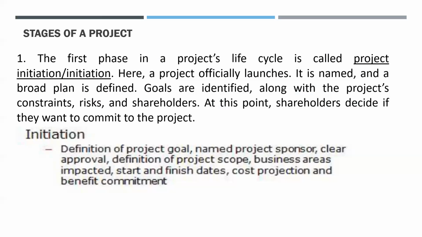So, during the initiation stage, initiating includes the following project management processes. There are 2. Develop project charter. This process is primarily concerned with authorizing the project, or in a multiple phase project, a project phase.